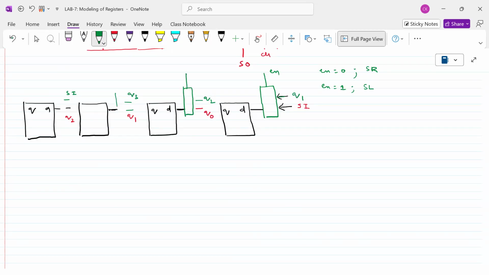Enable signal. All these multiplexers have the same enable signal. We'll take the output at this point. This is the output. We take the output here.